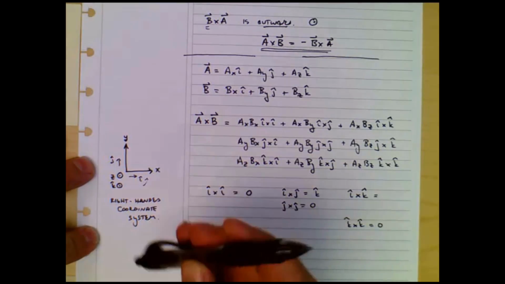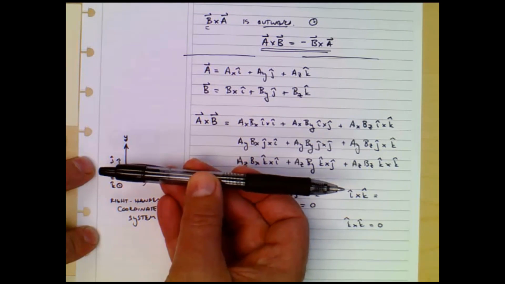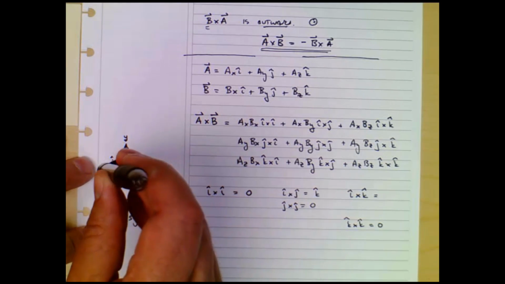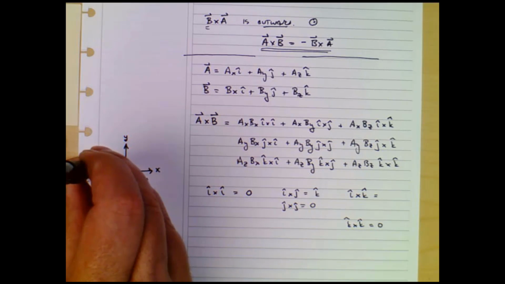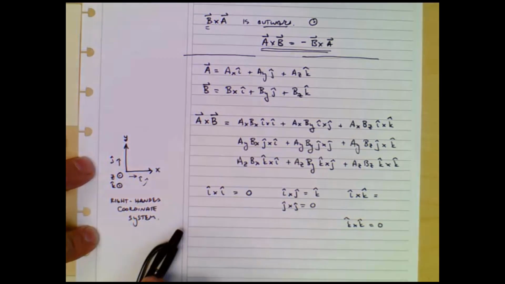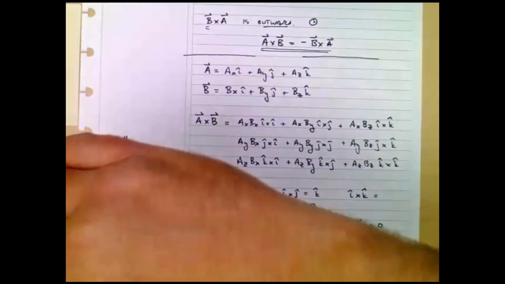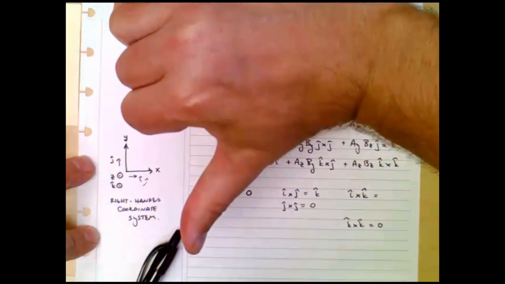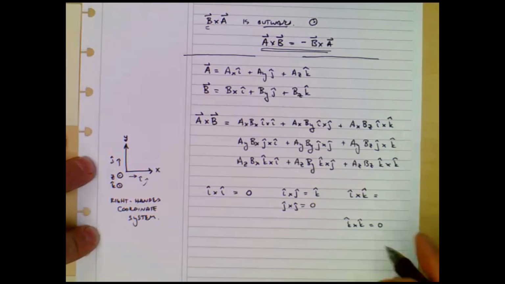Again, I'm aligning i, turning it to align with k. So that's a rotation in this sense. To get my fingers to rotate in that sense, my thumb needs to point down in this direction. Okay? So this is minus j hat.